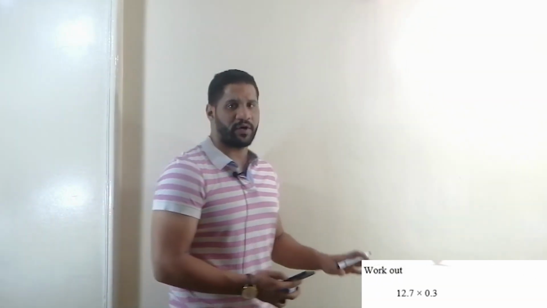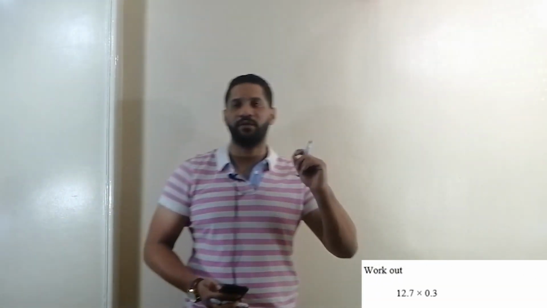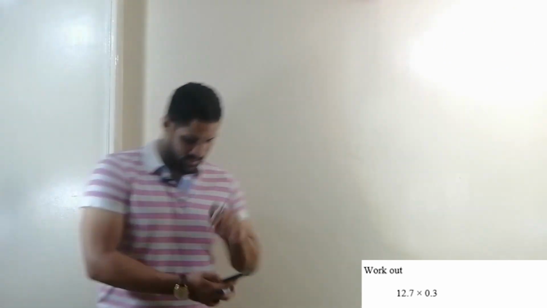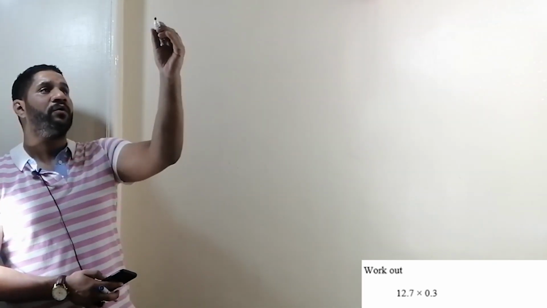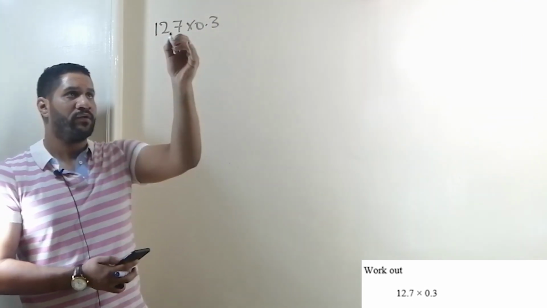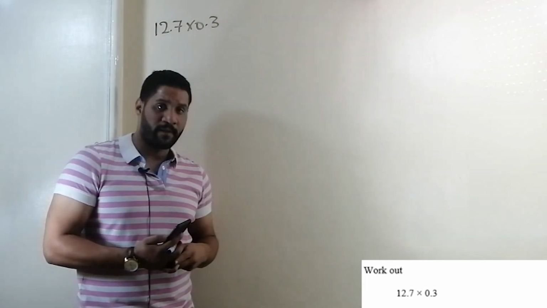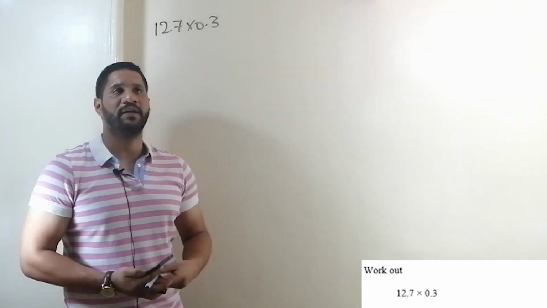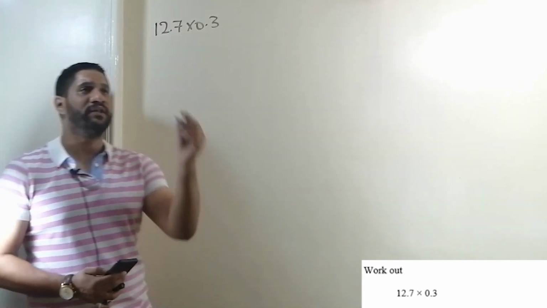Let's look at question 4, how to multiply decimal numbers. Most of you get it right, I know, but I want to make sure that everyone memorizes the rule well. If I have something like 127 multiplied by 0.3, first of all, you start multiplying the numbers normally without dealing with the decimal points.